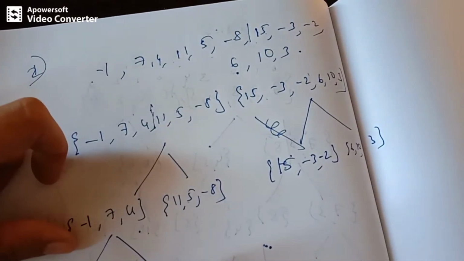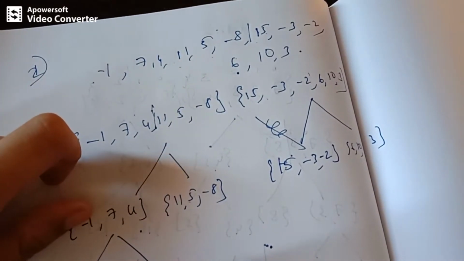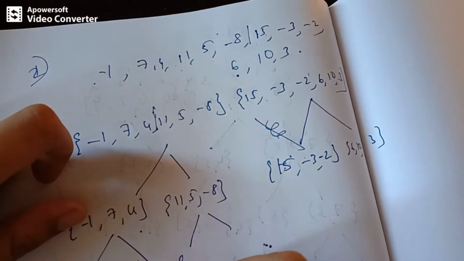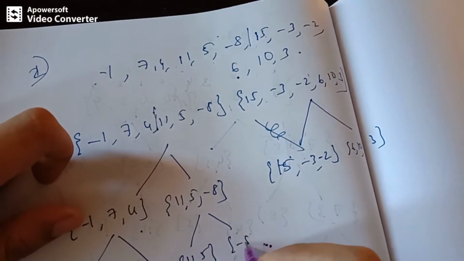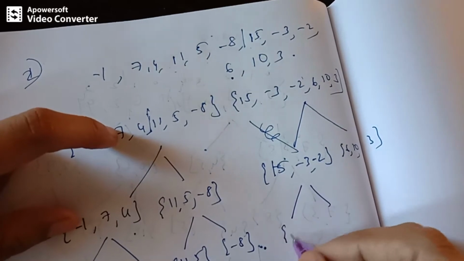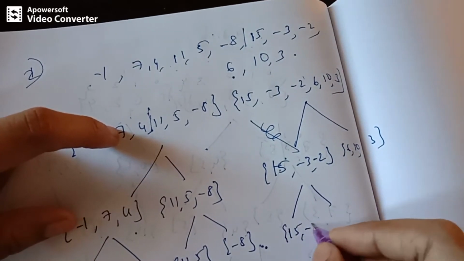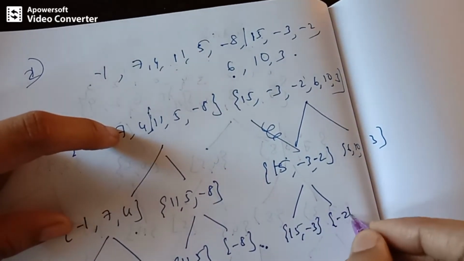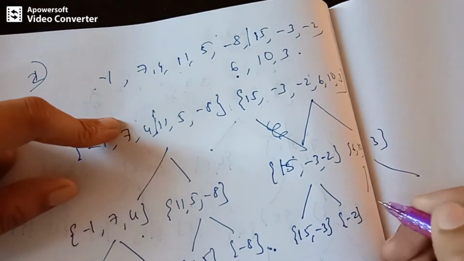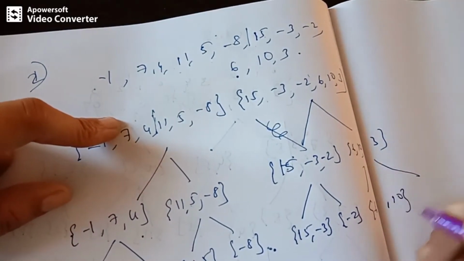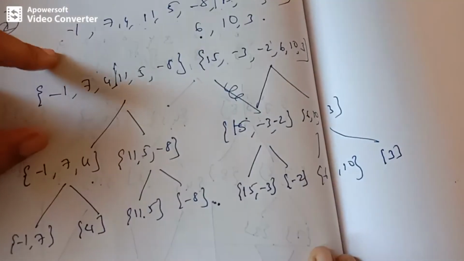If I divide this, we will be getting minus 7, 4, likewise 11, 5 and then minus 8. Next we will be having 15, minus 3, again minus 2, then we will be having 6, 10 and 3.